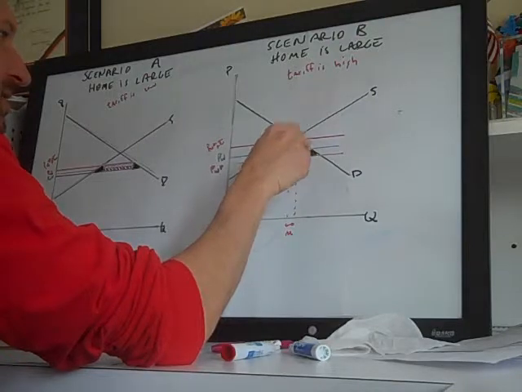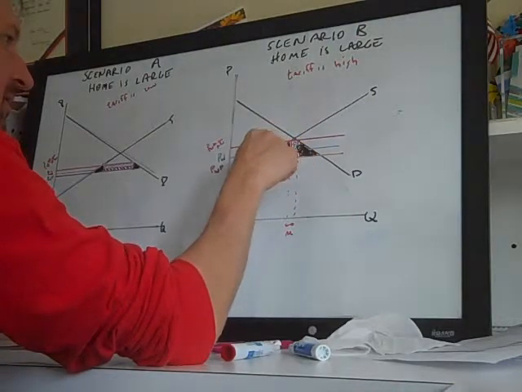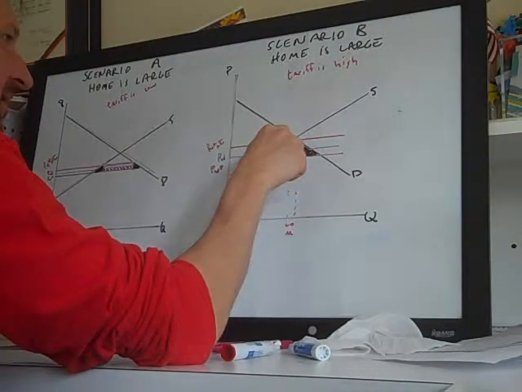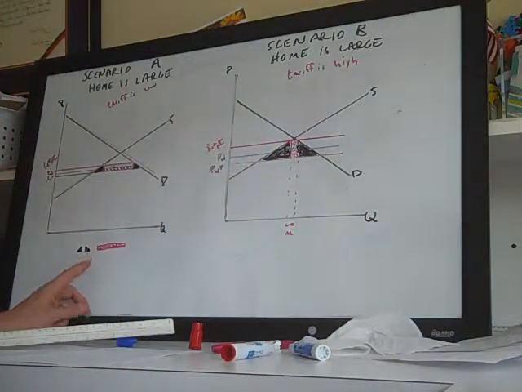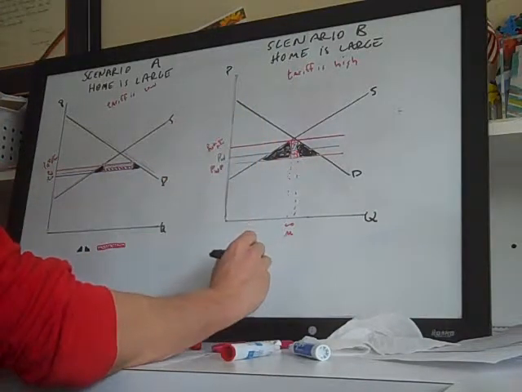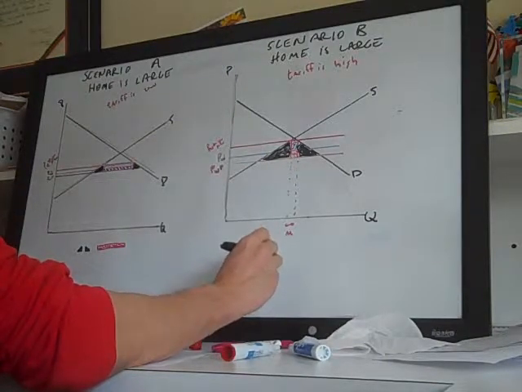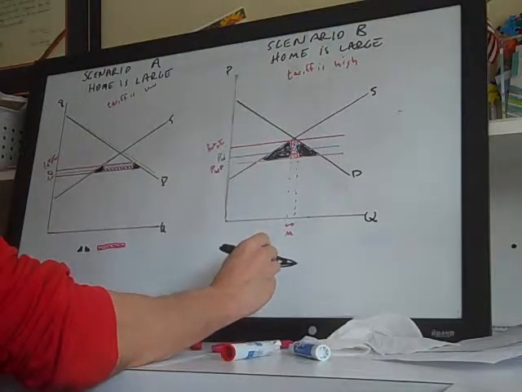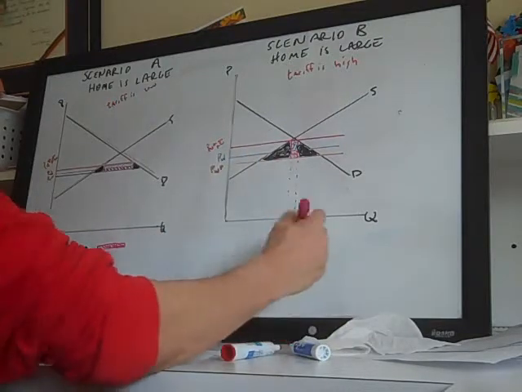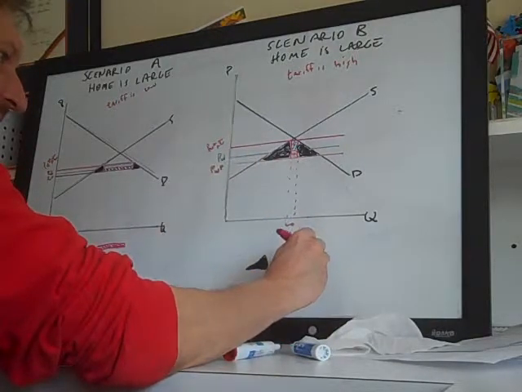Okay, so we have a much different situation here in scenario B. We now find that, in this case, deadweight loss, the area of these two triangles, which if we had all these numbers we could figure out, is way bigger than the piece we get from the row producer.